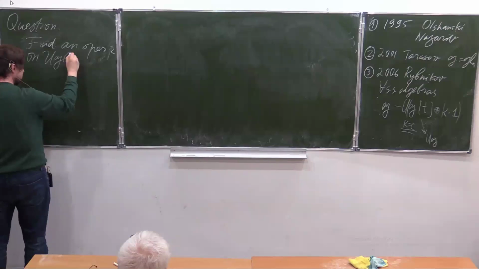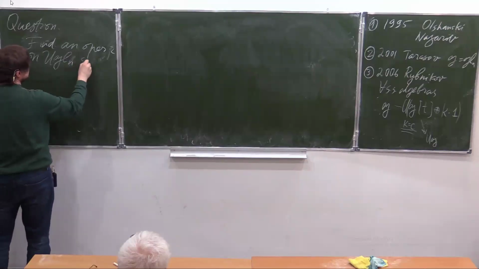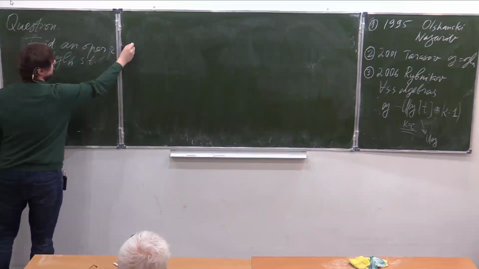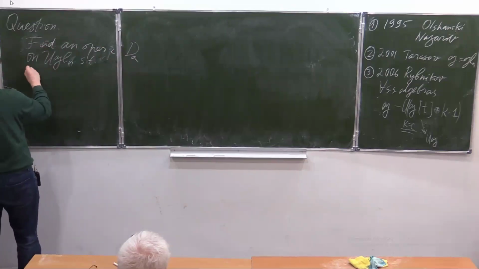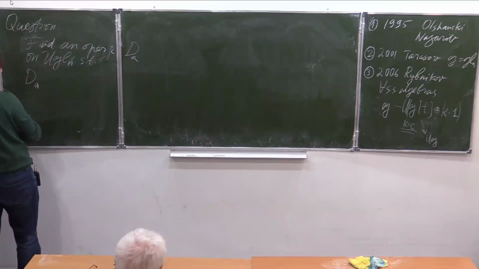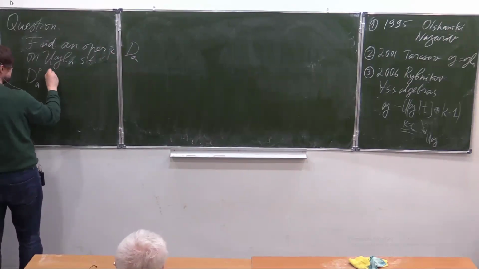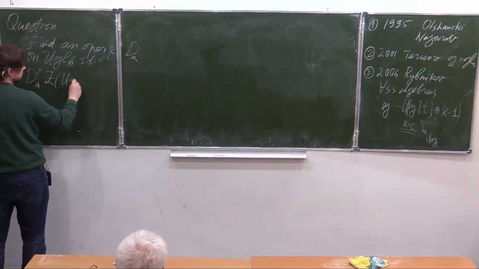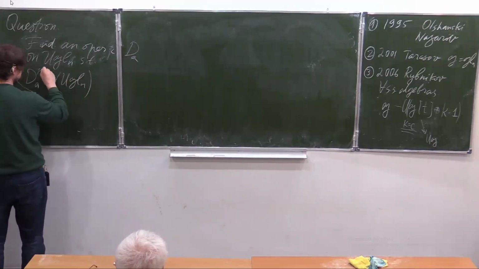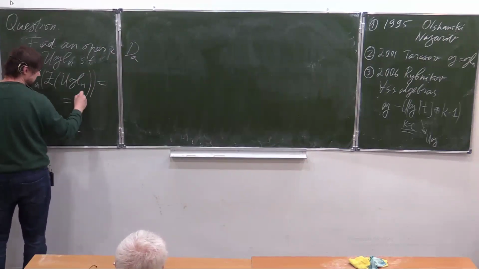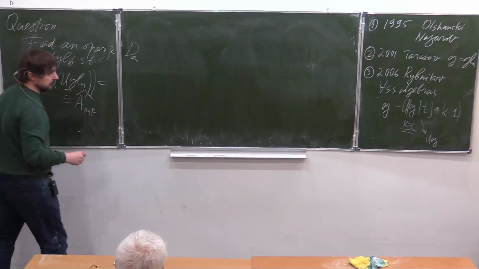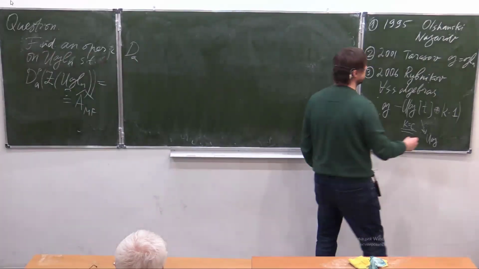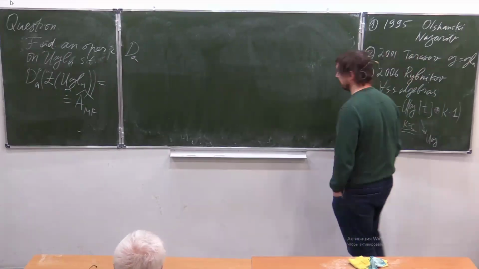Let's stick our attention to the GLn case, such that an operator D sub A, such that repeated applications of this operator to the element in the center of UGLn give you the quantum Mishchenko-Fomenko algebra. So the quantum Mishchenko-Fomenko algebra is any one of these three examples here. They are all the same.